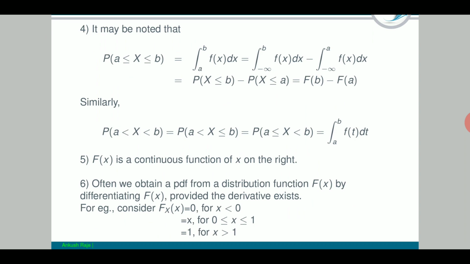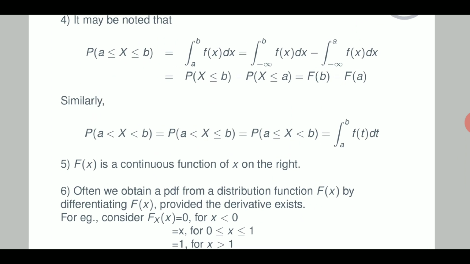Let us see. Sixth, often we obtain a PDF, that is the probability density function, from a distribution function capital F of x. Observe the notation. Capital F is the distribution function, small f is the density function. Do not get confused between small f and capital F. They have different significance, different definitions, and altogether different meanings.